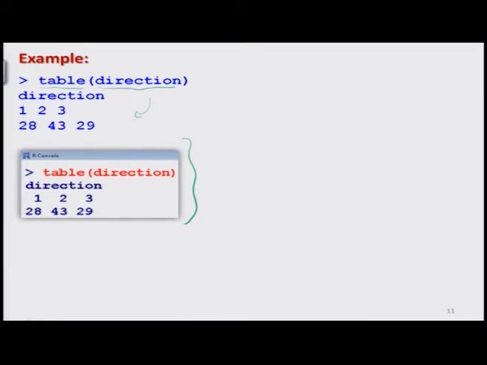You can see here this data is saying 1, 2 and 3, and 1 indicates that there are 28 numbers, for 2 there are 43 numbers, and for 3 there are 29 numbers. So, this is how you can know the number of east, west and center directions in your data set without looking into the data.